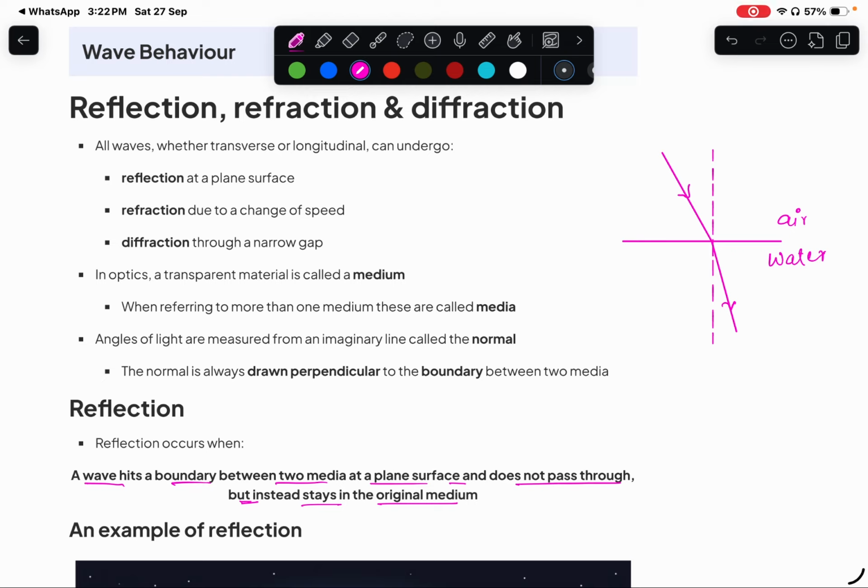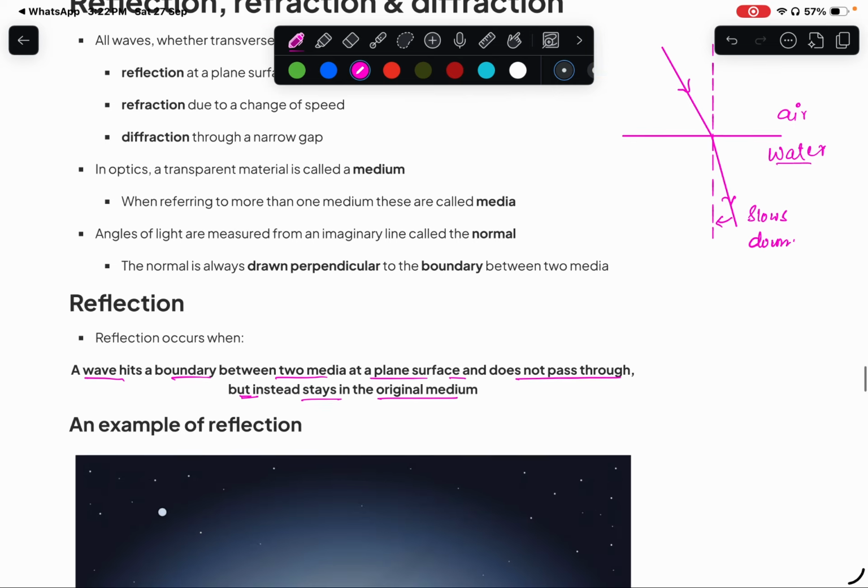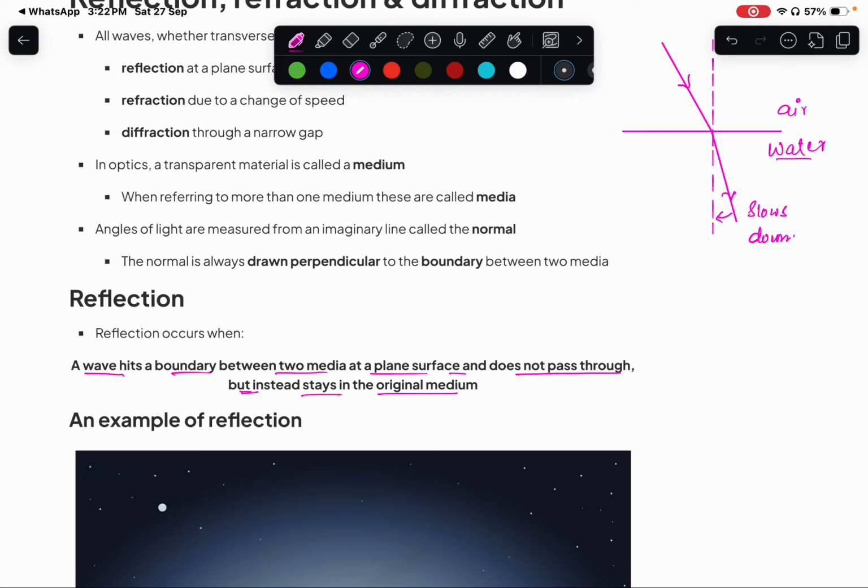As the density of water is greater than air, it bends towards the normal and slows down. The same is the case with waves or wavefronts as well. Light is also a wave, a transverse electromagnetic wave.